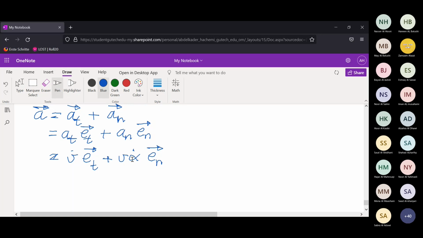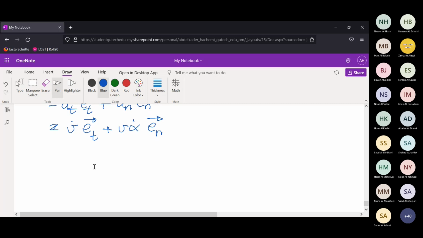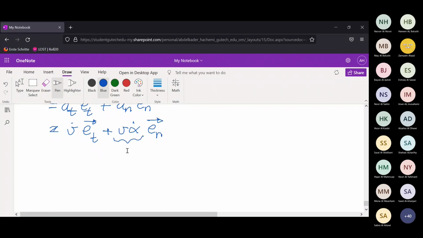Alpha dot we haven't, but a_t is only v dot. Then it means if we look now at this component here, the magnitude, we can get the acceleration in tangential direction. Then we can write that e_n is only v alpha. This is the component e_n.